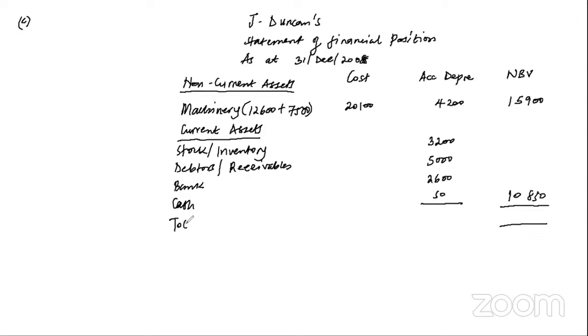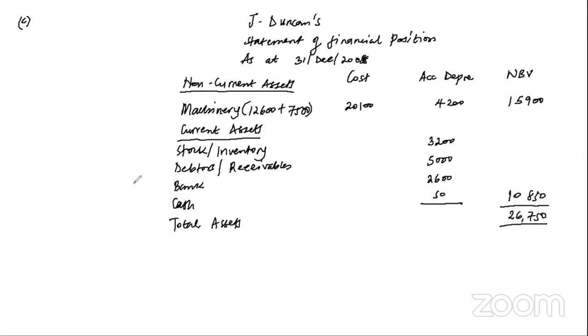So we add this to our total non-current assets to come up with a total assets figure, which is 26,780.